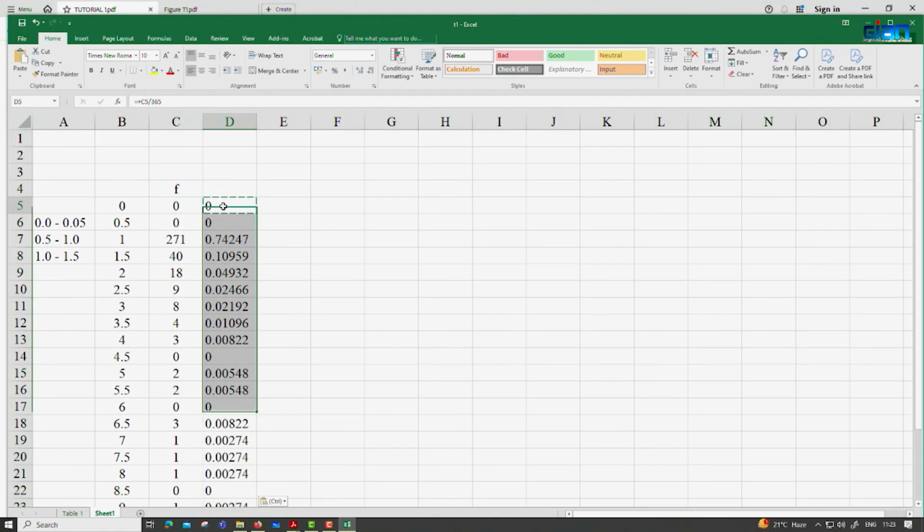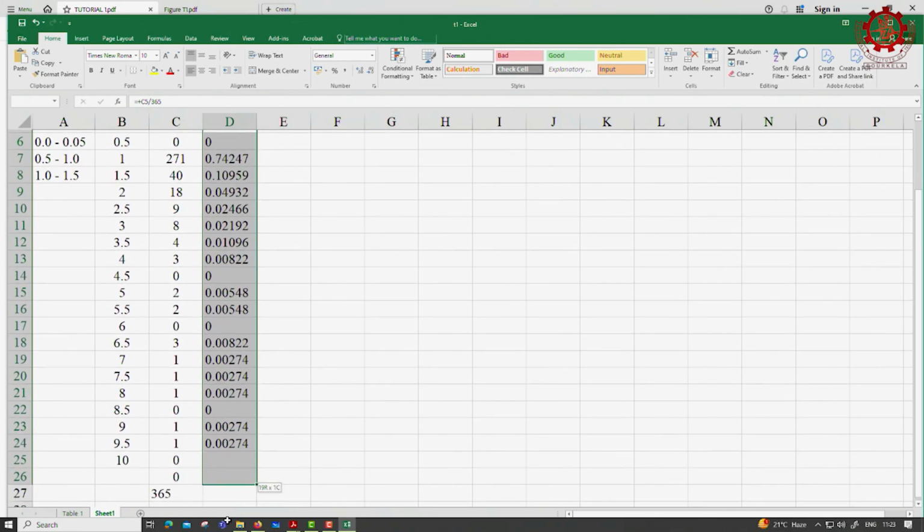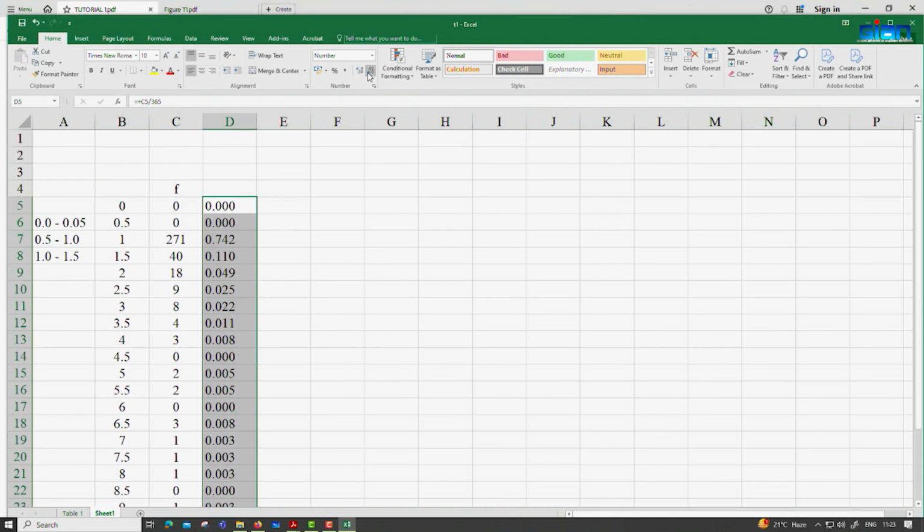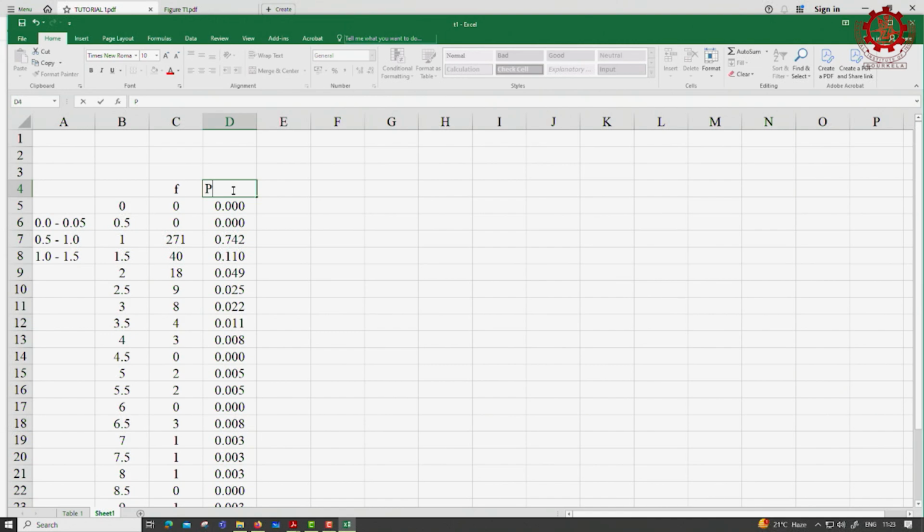Right. I will adjust the decimal points to 3. So, this is the probability. Then we can calculate 1 minus p to get the inverse shape.